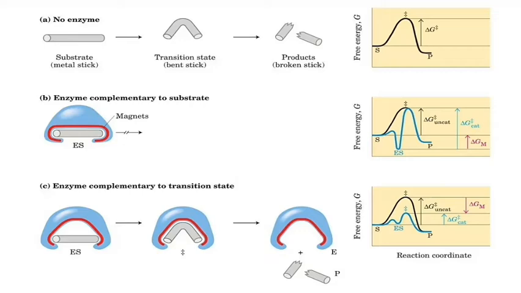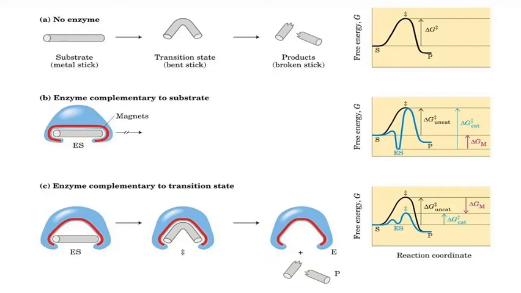Now, when the substrate, that is the metal stick, undergoes the transition state, there is an increase in the activation energy, and after that, when the product is formed, there is a decrease in the energy level and it reaches the ground state energy and the product is formed. Now, in the second case, a stickase with a magnet lined pocket complementary in structure to the stick, that is the substrate, stabilizes the substrate.